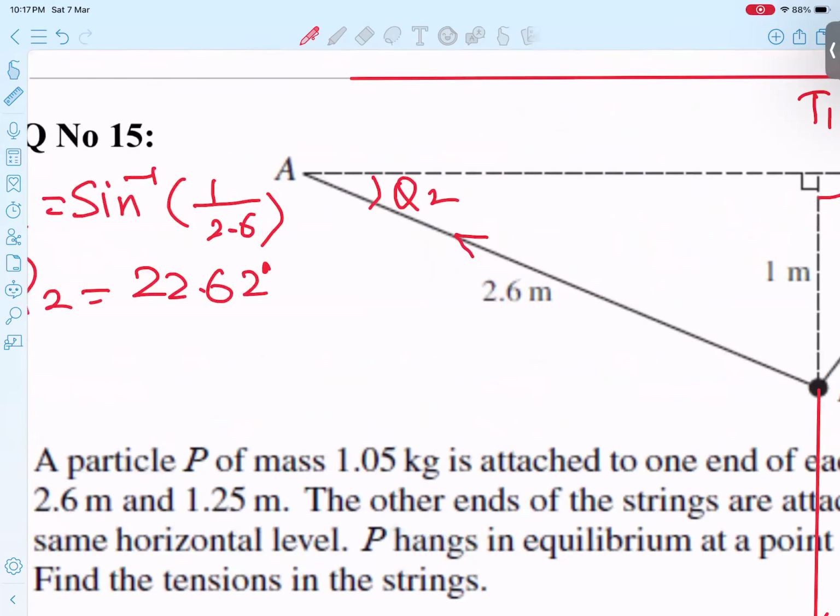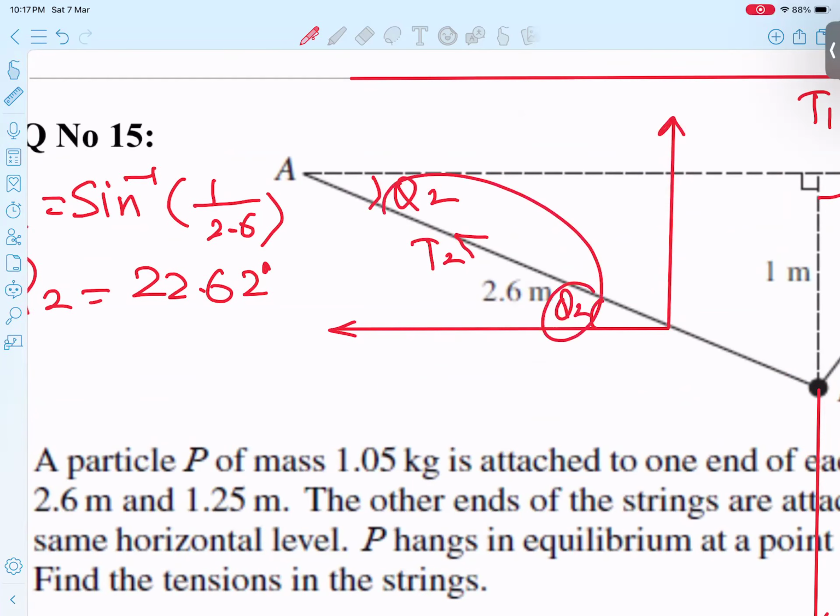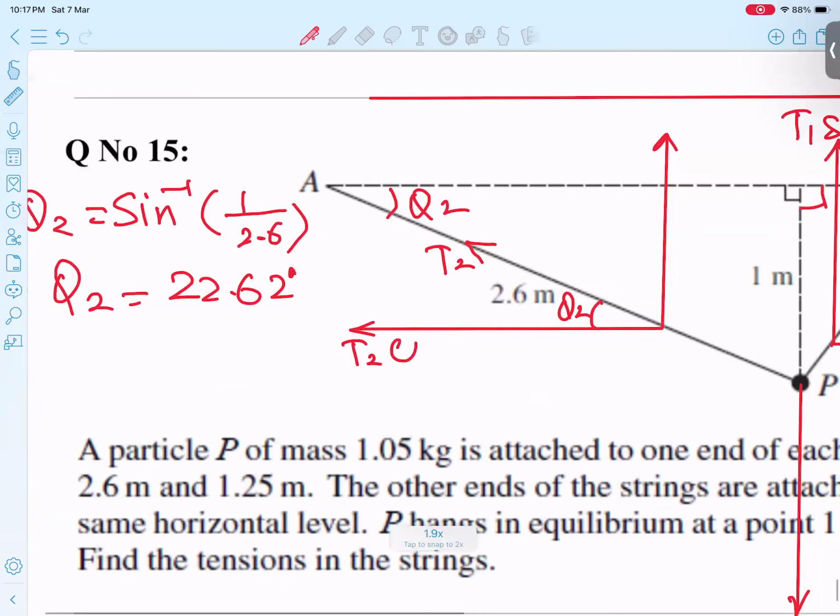Similarly, this is tension 2, with one force parallel to the x-axis and one parallel to the y-axis. And this is theta 2, you can see the parallelism. So this is T2 cos theta 2, and theta 2 is 22.62, and this is T2 sine 22.62.